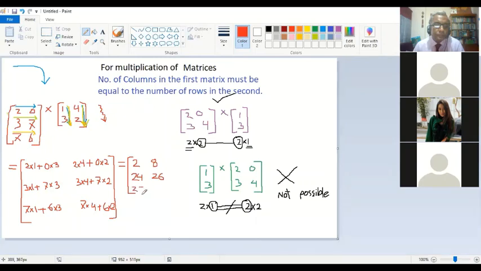Yes, it is 40: 7 fours are 28, 6 twos are 12, these make 40. So it is correct.